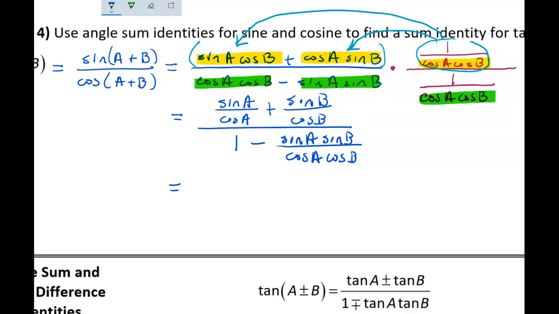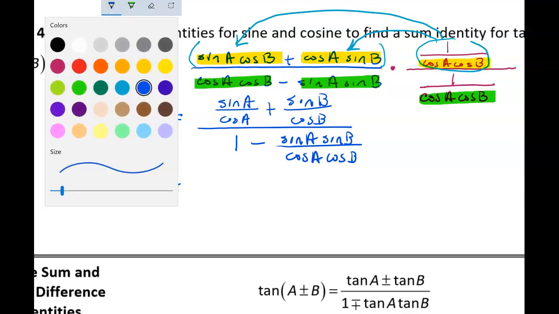And now you might be saying, aha, I see where this is going. Each of these terms represents a tangent.